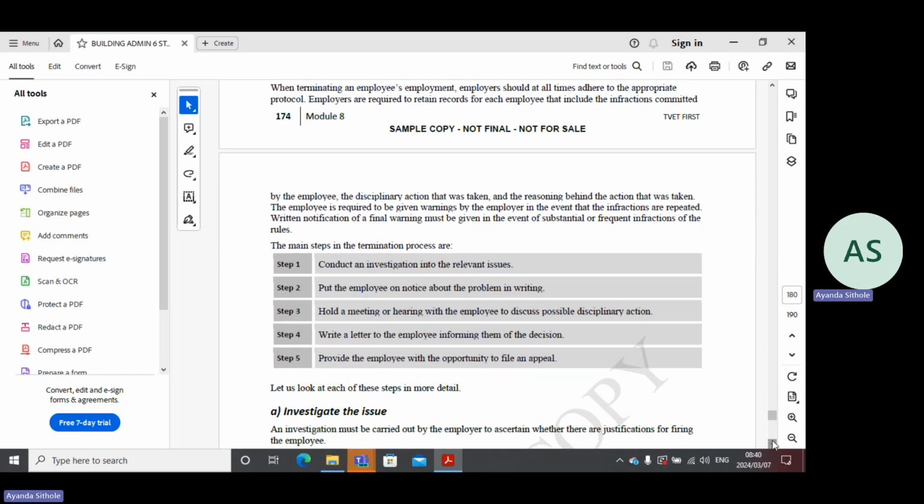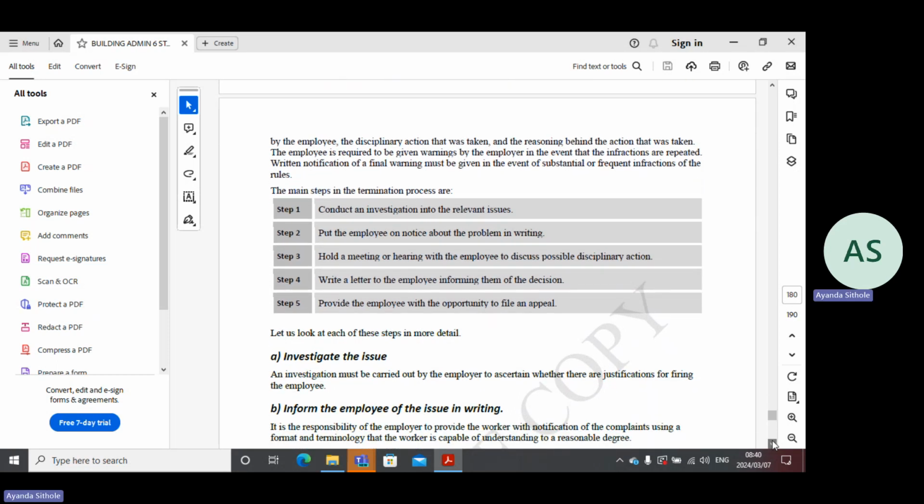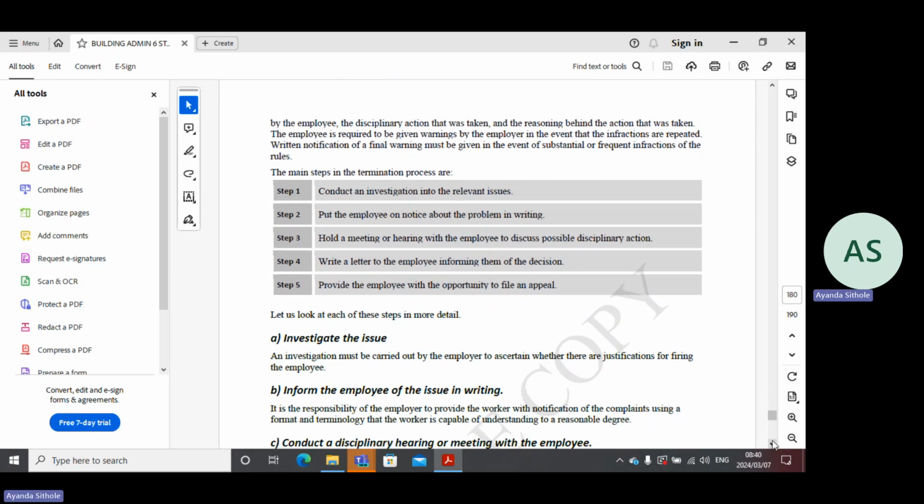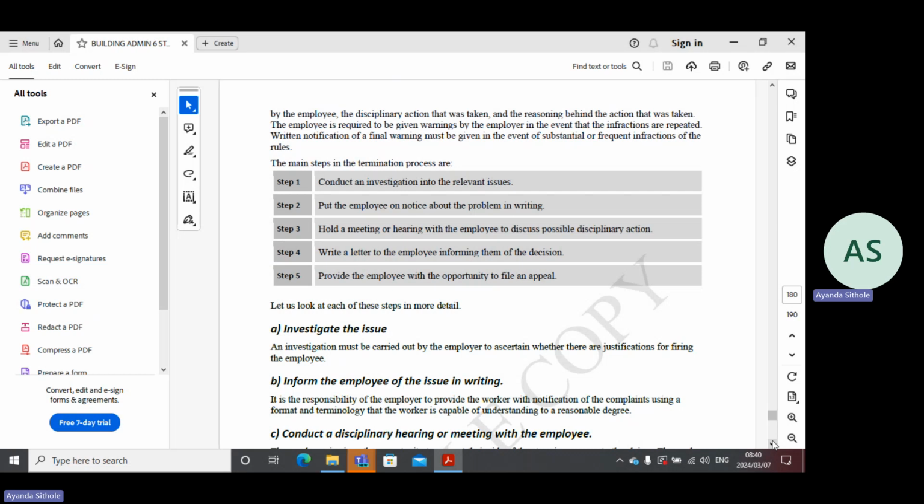There are main steps in the termination process. So we have 5 steps. Step number 1 is to conduct an investigation into relevant issues.